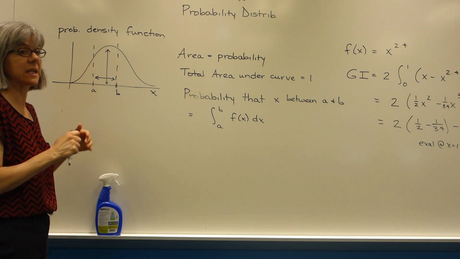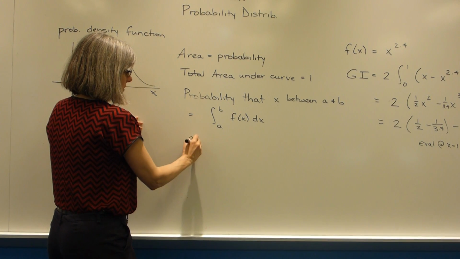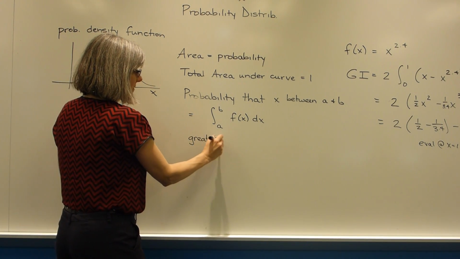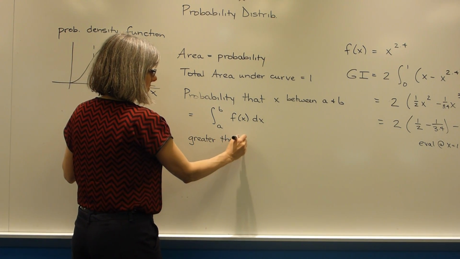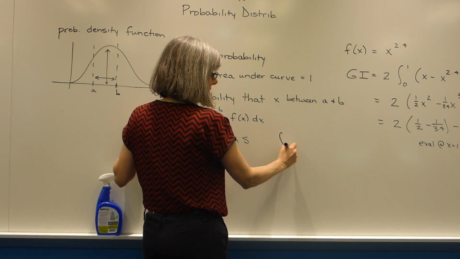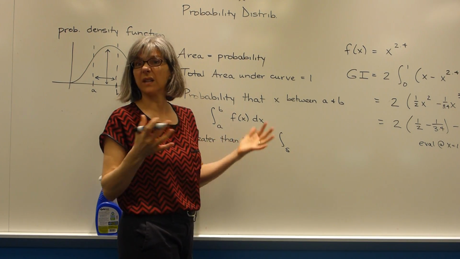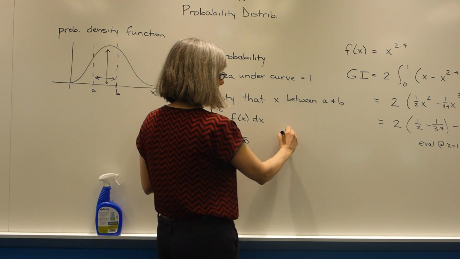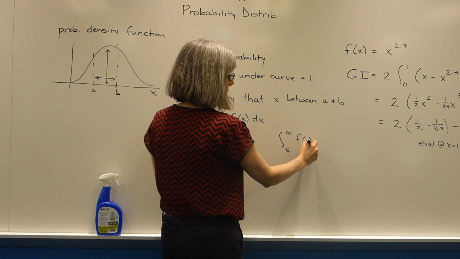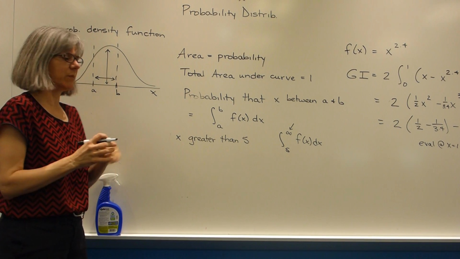So if I said, what's the probability that x is greater than 5? Well, if you said greater than 5, that tells you that 5 is where you start. So you would start at 5, and how far would you go? Technically infinity, unless there's some other information that you know. We haven't really talked about this yet, so that may be a bad example.